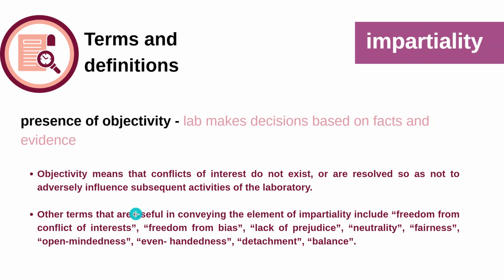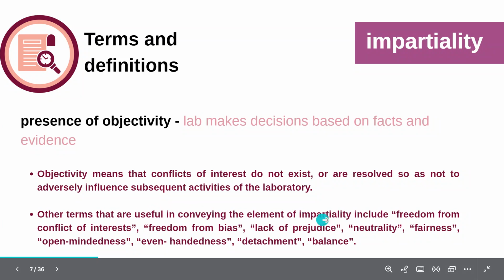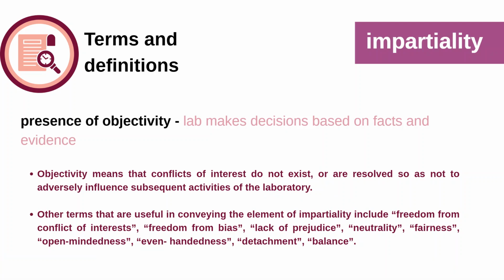Other terms which convey the importance of impartiality include freedom from conflict of interest and freedom from bias. There should not be any bias or prejudice. It should be completely neutral and fair. So this is one important term, and it is also a general requirement as per ISO 17025, which we will see a little later.